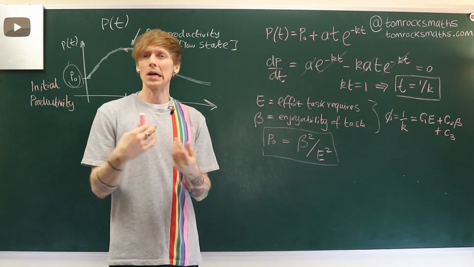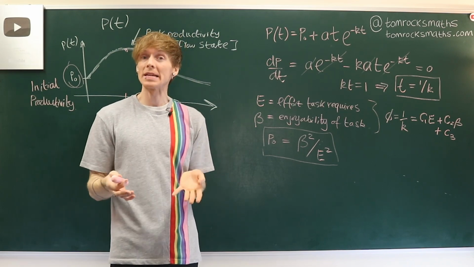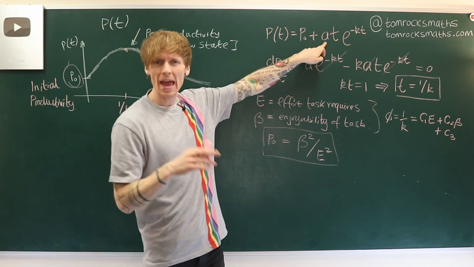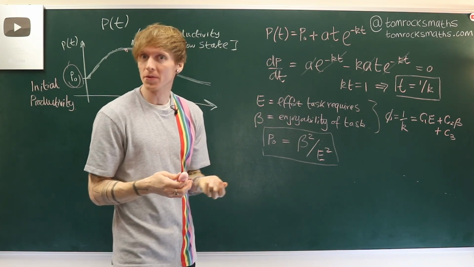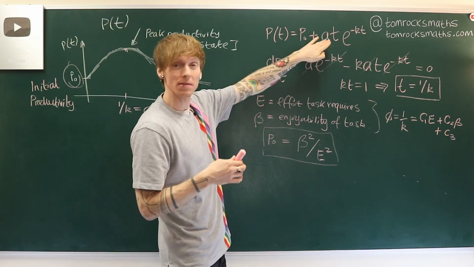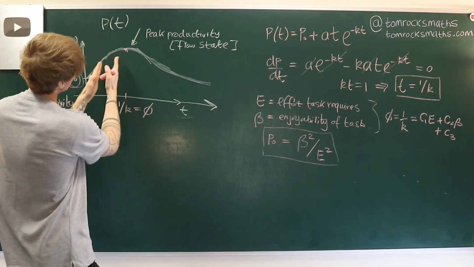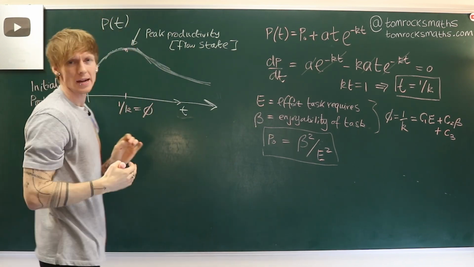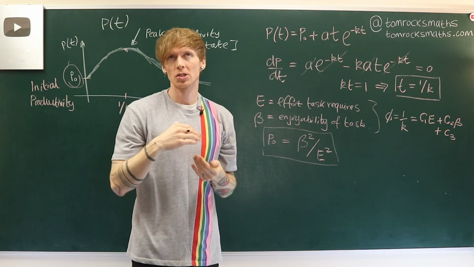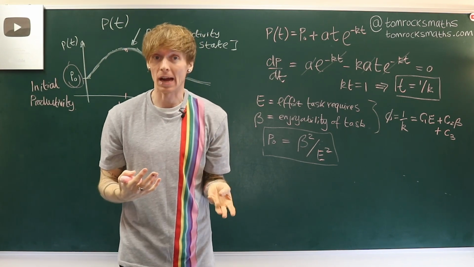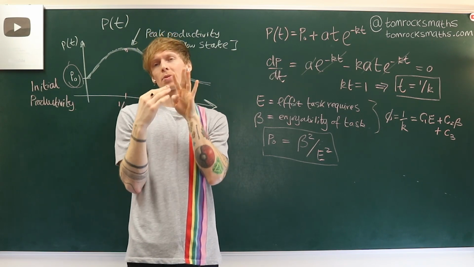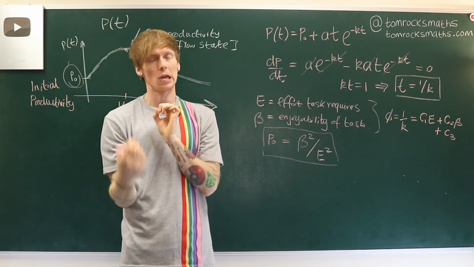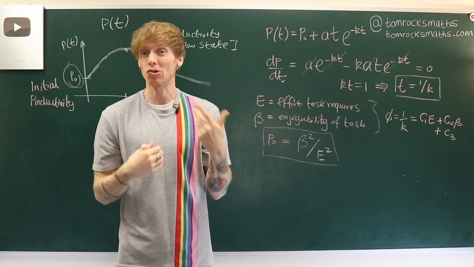Now the final undetermined variable in our equation is the constant A, and this actually represents the amplitude of the peak. So as we increase the value of A, that's going to push this peak higher and higher. So if you think about this for yourself, when you're completing a task, is your peak productivity higher or lower when the task is enjoyable?